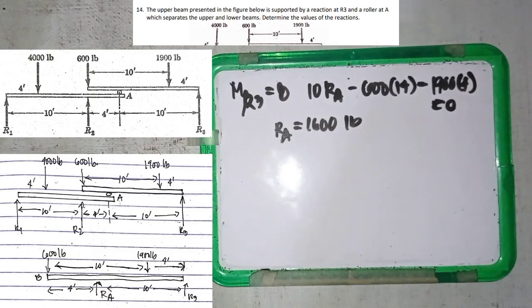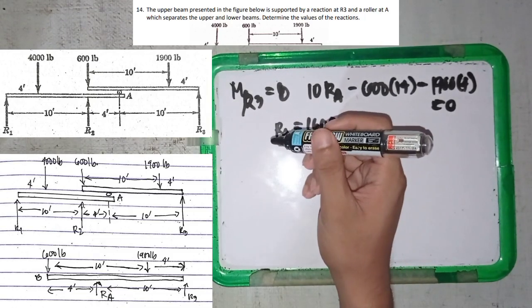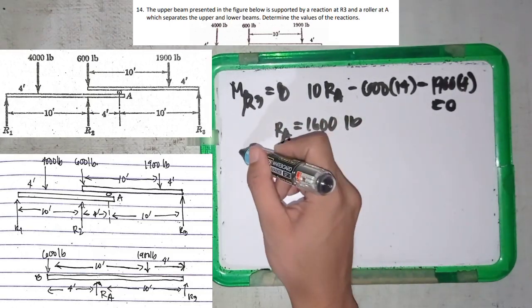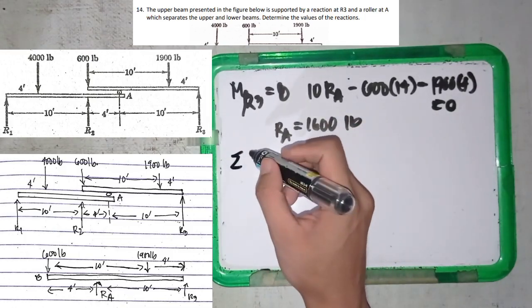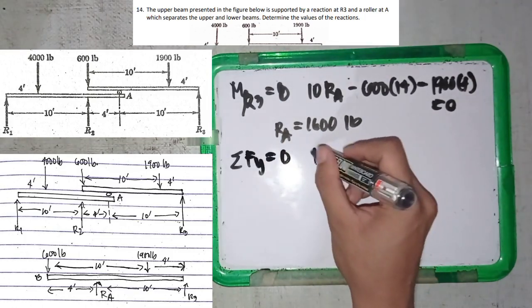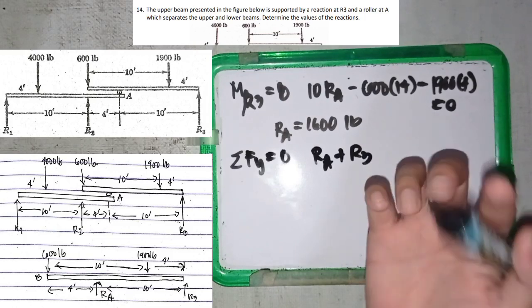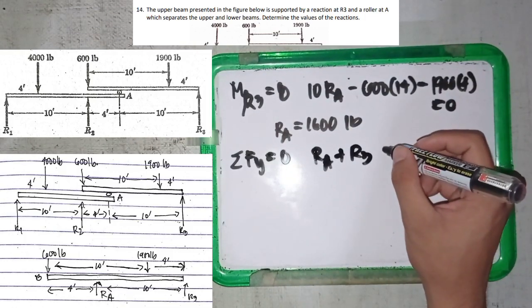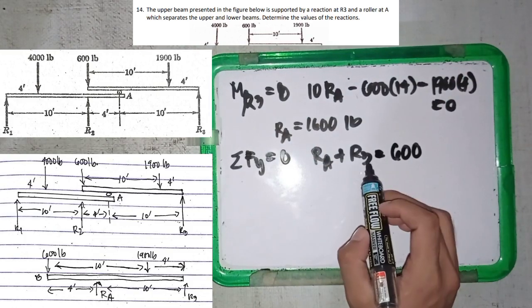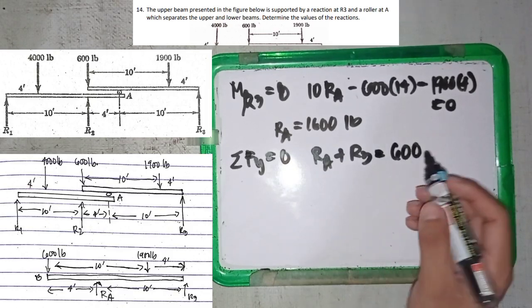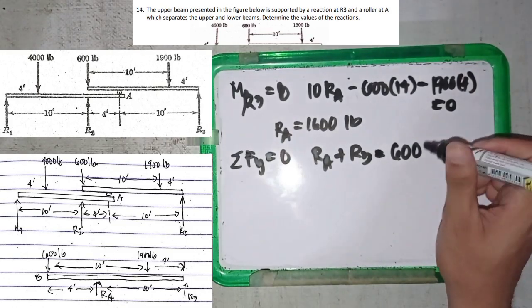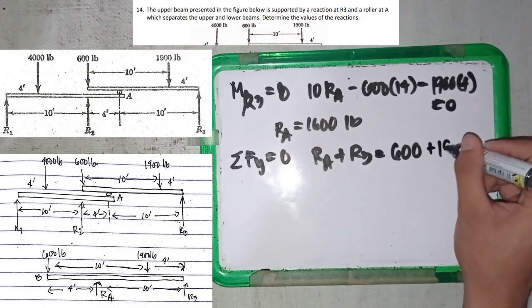To continue and find R3, if we total the vertical forces from the upper beam, the sum of Fy is equal to 0. So what we have here is RA plus R3, going upward, equals 600, since it is going downward, and it is positive after transposing.